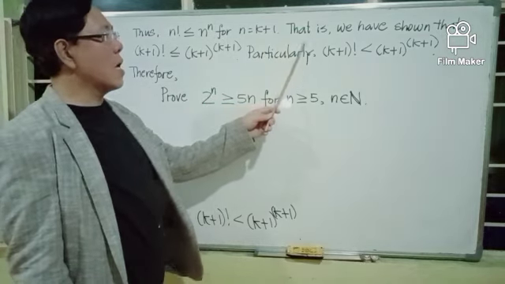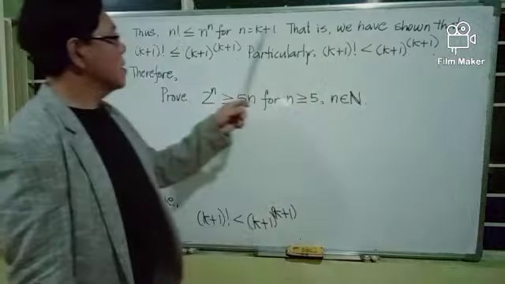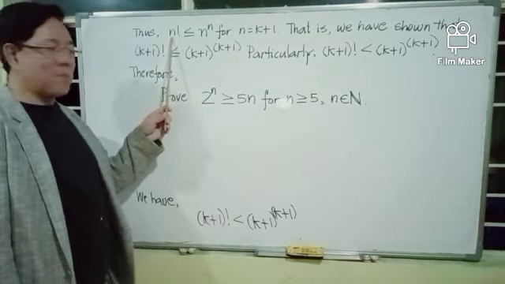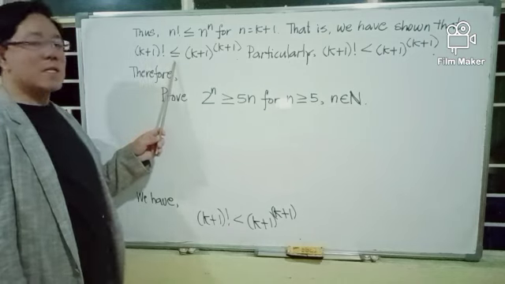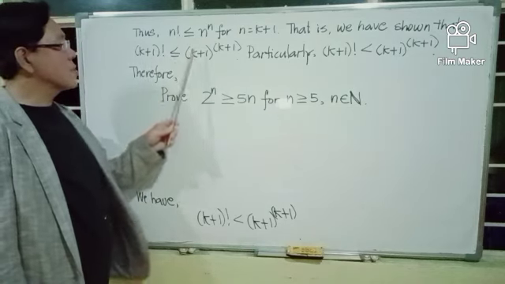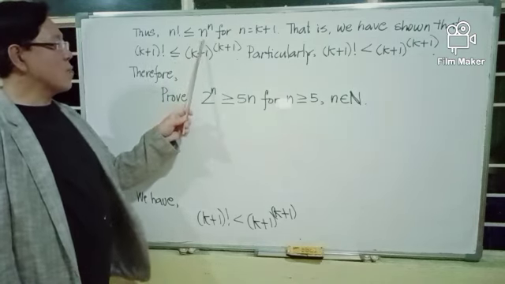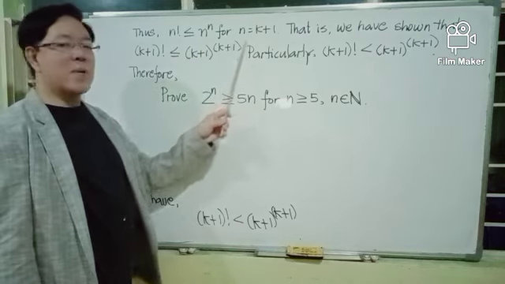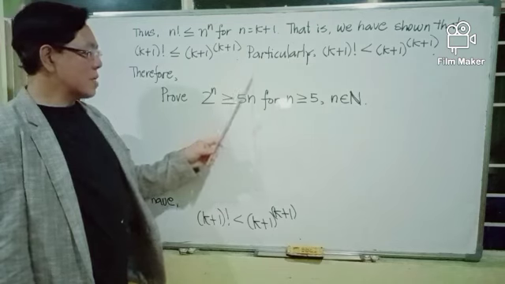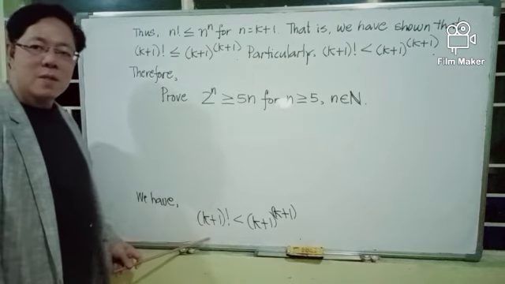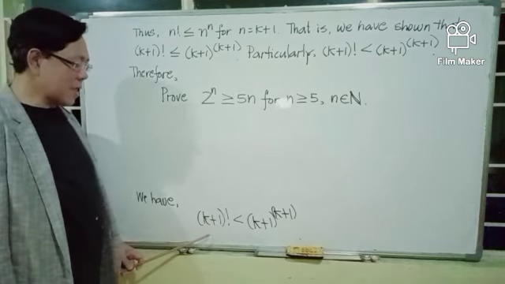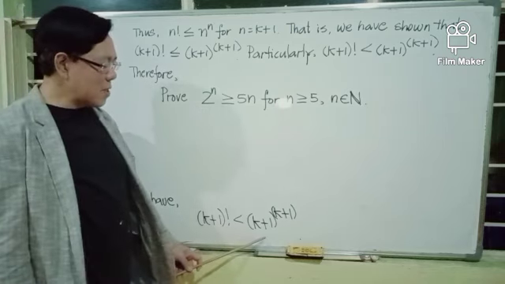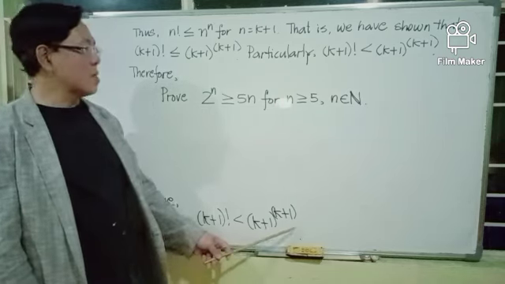That is, we have shown that if n equals k plus 1, replace n with k plus 1, k plus 1 factorial is less than or equal to, replace n with k plus 1, k plus 1 to the power k plus 1. Particularly, we have shown here earlier that k plus 1 factorial is strictly less than k plus 1 to the power k plus 1.